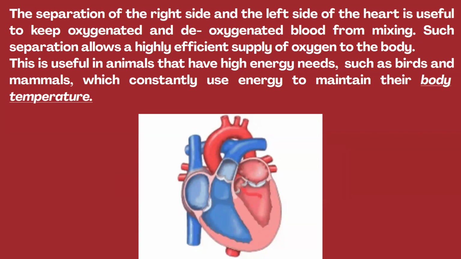So the purpose of having a four chamber heart is to prevent mixing of the oxygenated blood and the deoxygenated blood. Such separation allows a highly efficient supply of oxygen to the body. This is useful in animals that have high energy needs, such as birds and mammals, which constantly use energy to maintain their body temperature.